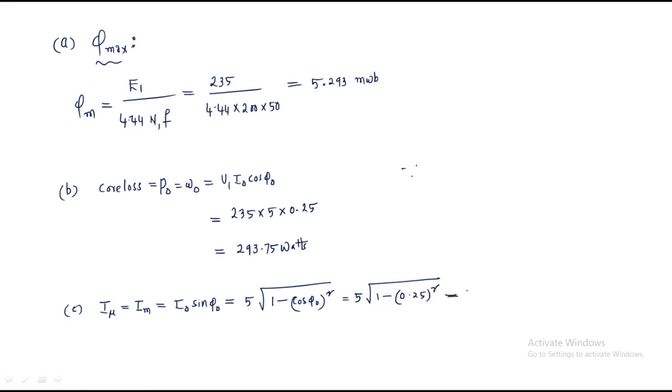From this you will get 4.84 amperes. So first we calculate phi m, then the core loss component, then the magnetizing component of current. This is about operation of transformer under no load condition.